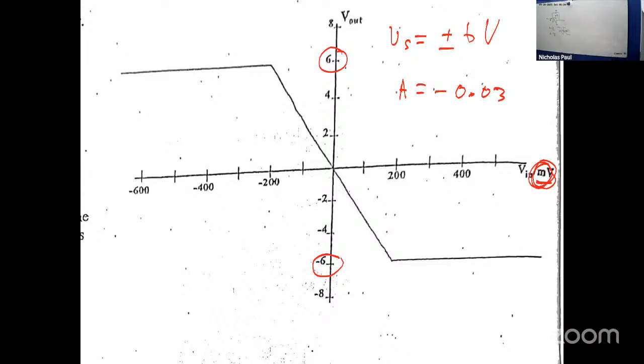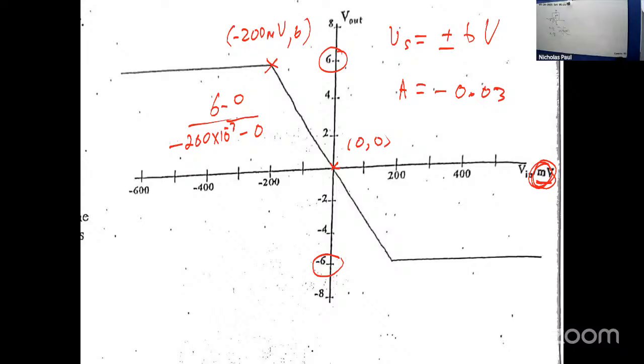Right, so you can pick any 2 points you want. You can pick 0, 0. I would have picked 0, 0 and the point up here, minus 200 millivolts and positive 6. So I would have used those two. 6 minus 0 over minus 200 times 10 to the minus 3 minus 0.